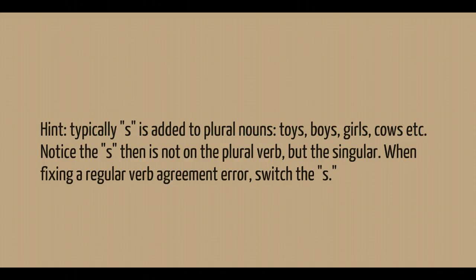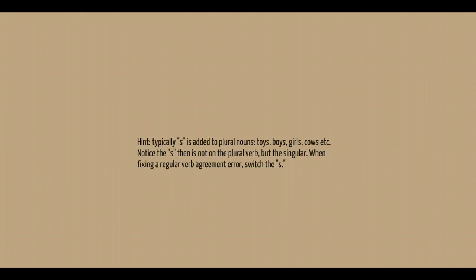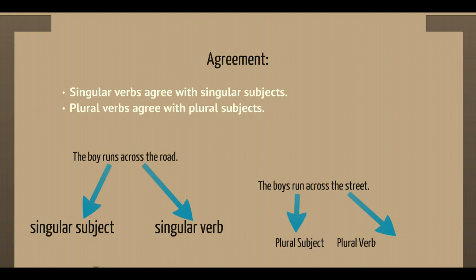Notice, if we go back to our last example, that the S is not on the plural verb. My S is here for a plural noun. My S is not going to be on the verb, right?